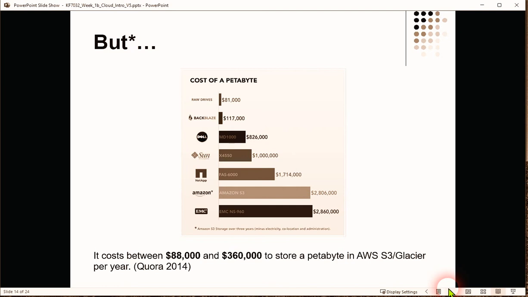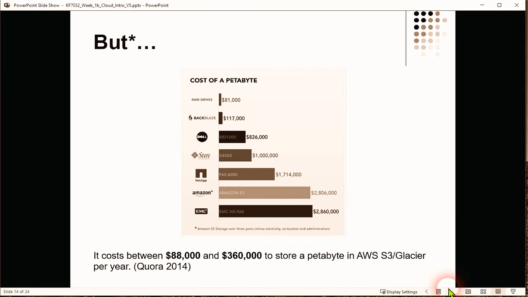It is worthwhile considering, though, the relative costs of the services that you're using and how much the basic ownership cost would be. So this slide is a few years old, but basically illustrates the point. If you want to store a petabyte, so that's 1,000 terabytes, the drives themselves, it says here, would have cost you $80,000.